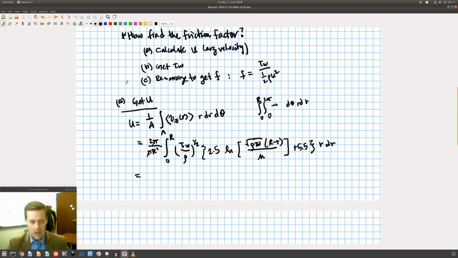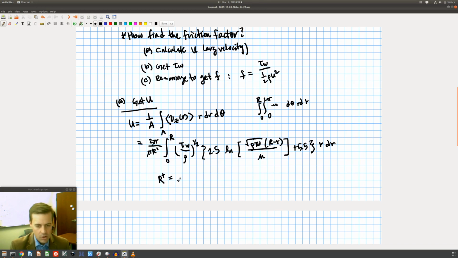Okay, and instead of doing this next line, I'm going to try and make my life a little bit easier by making some substitutions. And these substitutions have some physical meaning that we're just not going to talk about, but you're welcome to read about in your book, of course. So these are called wall variables, and they have a little plus sign on them.